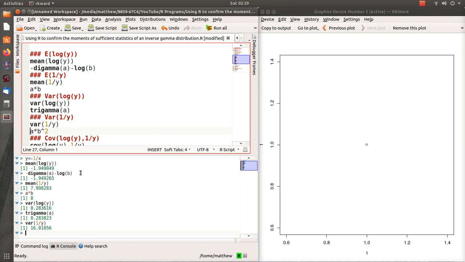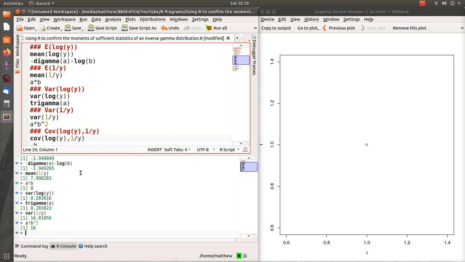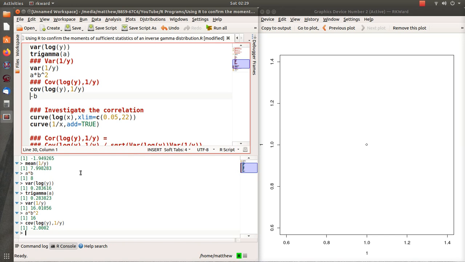The theoretical result for the variance of 1 over y is alpha times beta squared, which is 16. Now the covariance between our sufficient statistics, the log of y and 1 over y, the simulated result is negative 2 roughly, and the theoretical result is negative beta, which is exactly minus 2.